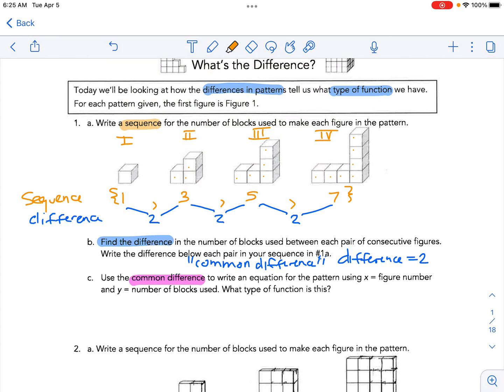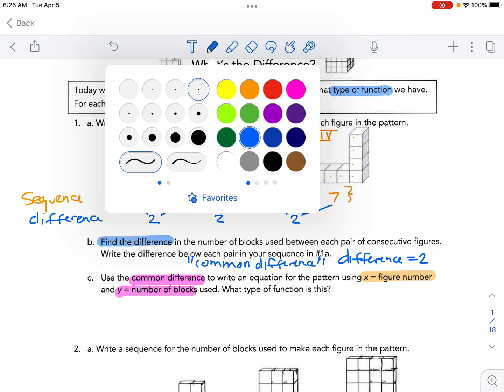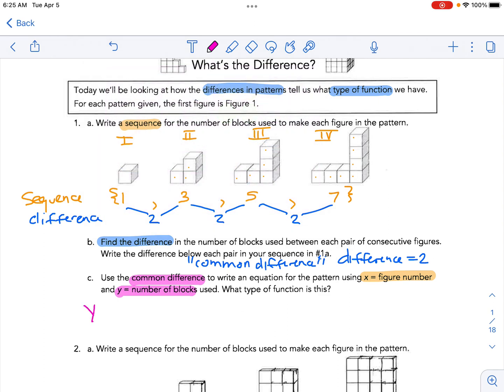So x is the figure number, I had the figure number be orange, and y is the number of blocks, we'll say pink. So in building this, we're starting with 1 block, and we're adding 2 blocks for every figure we move over from the first figure.